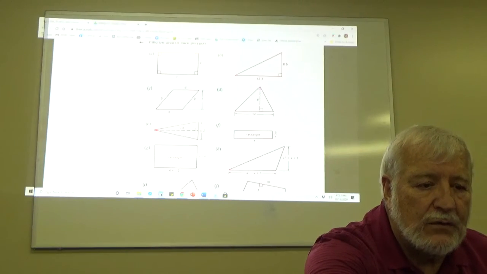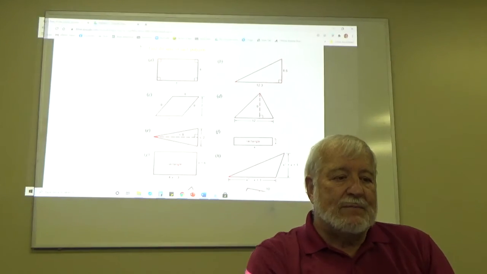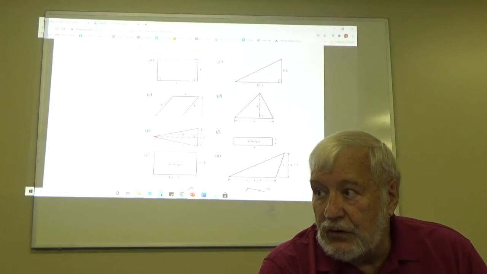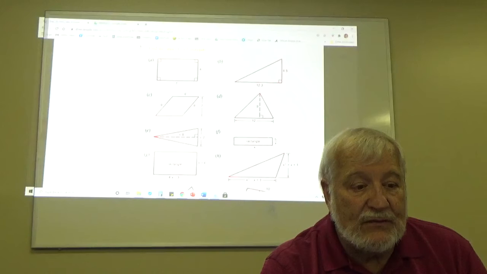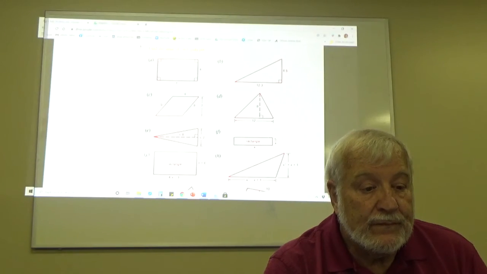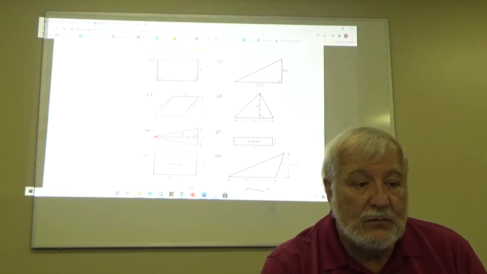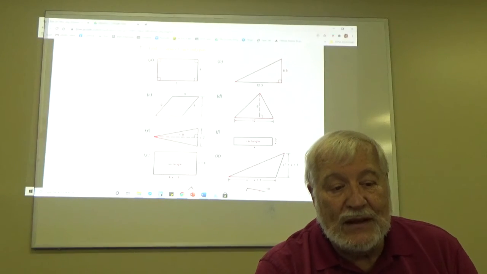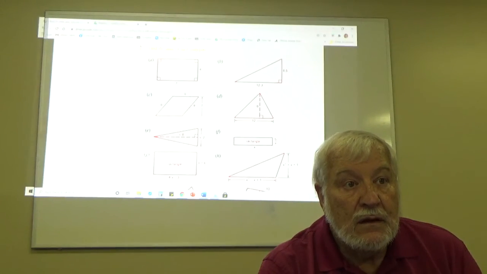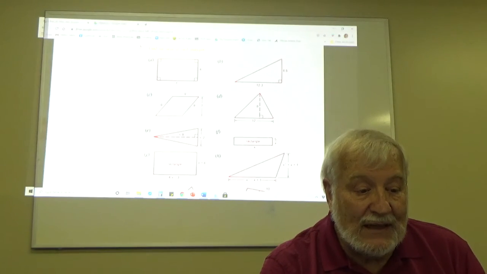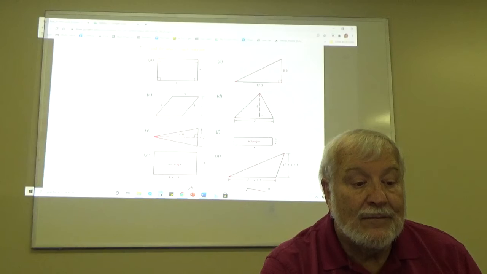Okay, so now let's look at this. Problem number 2A. First of all, do you have to even think about 2A? No. What about 2B? What's the difference between 2A and 2B? One's based on height, one's 1/2 base times height for B. Okay, what about C? Still 1/2 base times height.